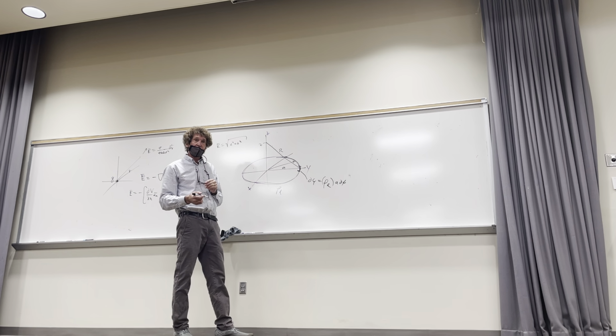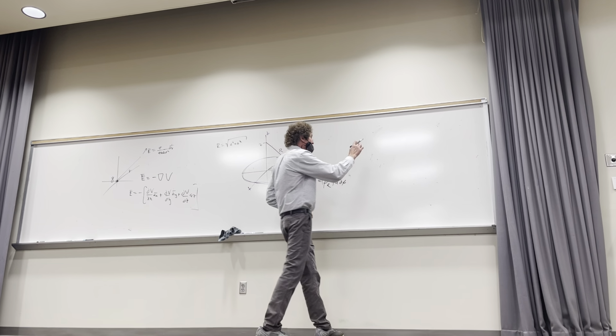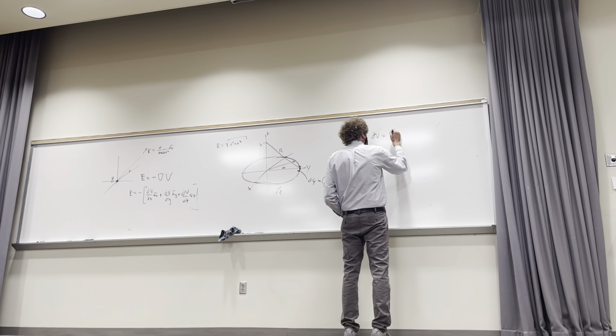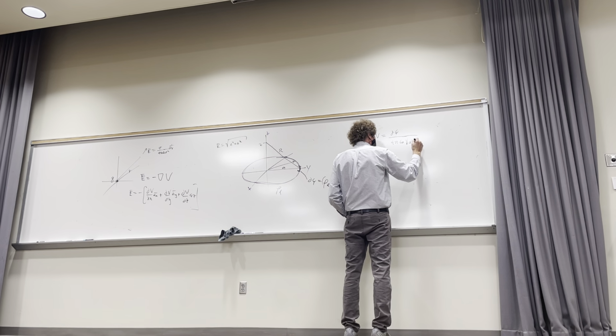Y'all with me, class? We're going to be in cylindrical coordinates. If that's dq, then I can say my dV is equal to dq over 4 pi epsilon naught r, which is going to be the square root of a squared plus z squared.